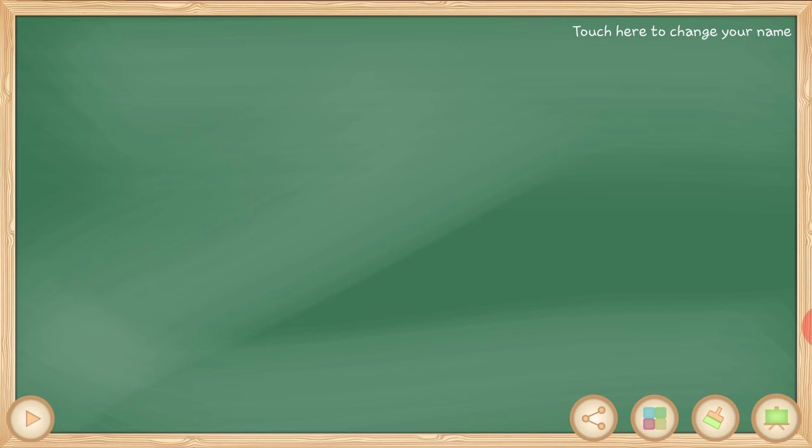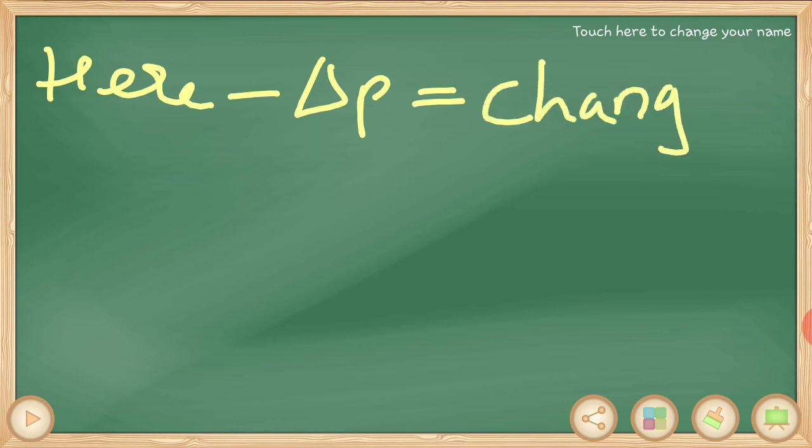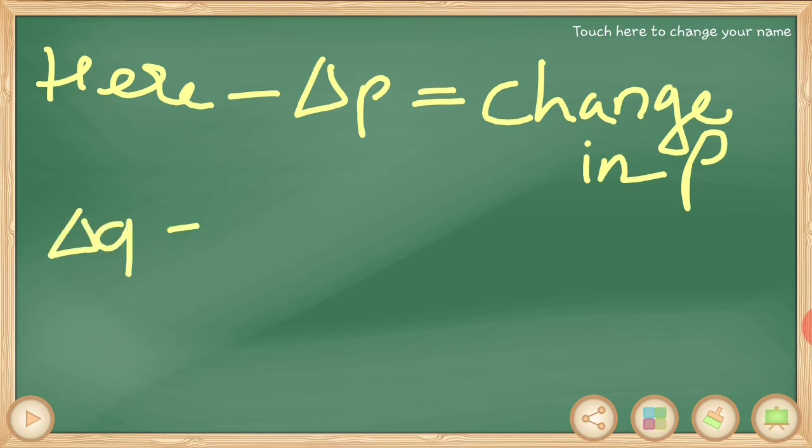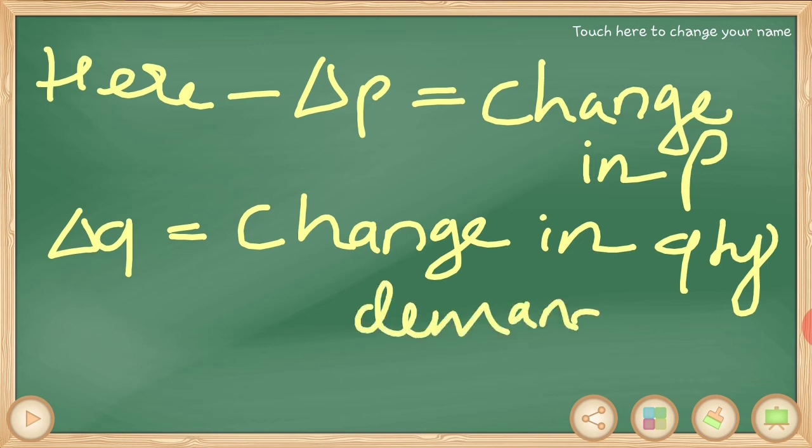Here, delta P is equal to change in price, and delta Q is equal to change in quantity demanded.